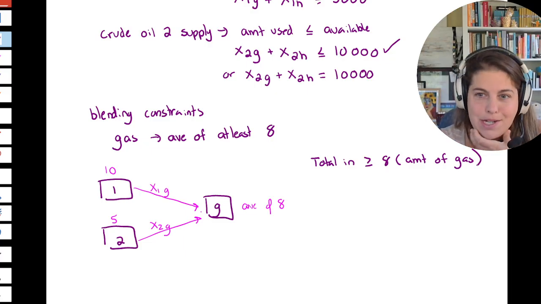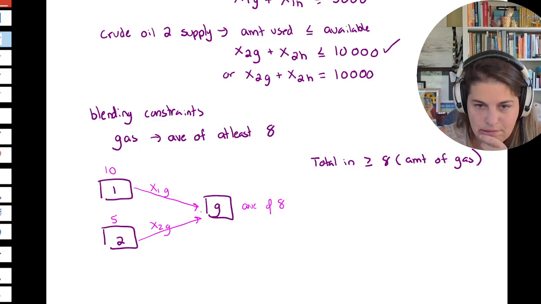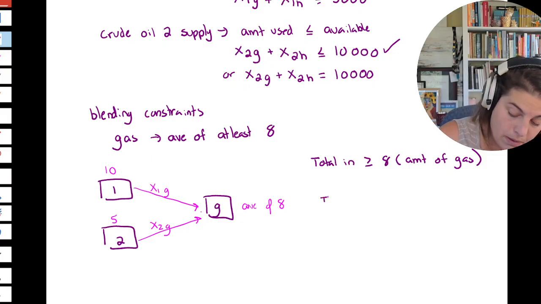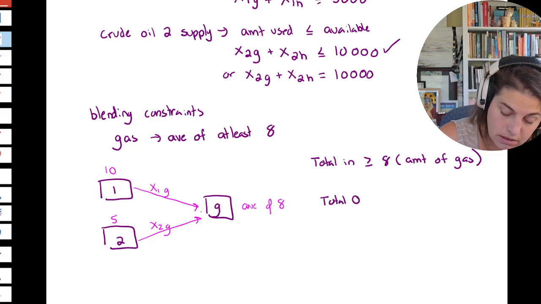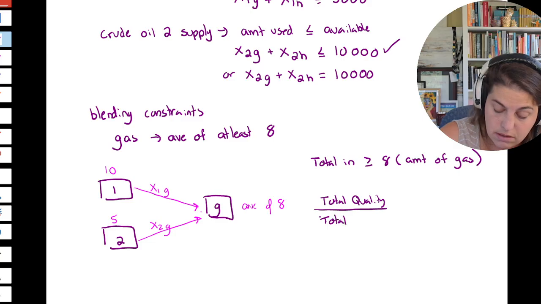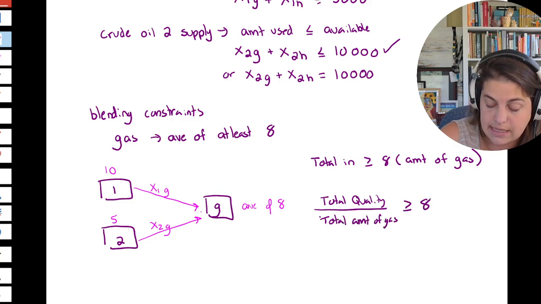And if I wanted to create an average, that average would be, well, what's that total quality in, and let me divide by my total amount of gas. And I need this to be at least 8.